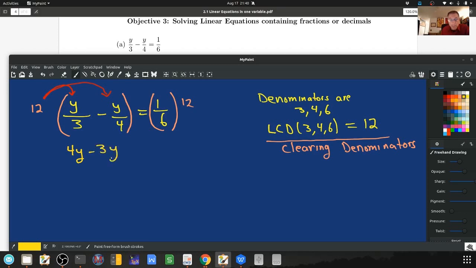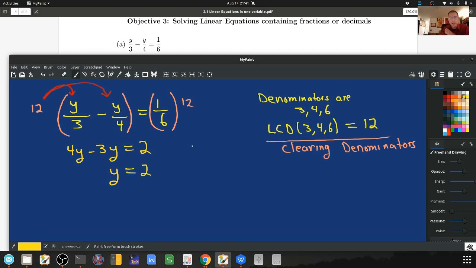It's already looking better, isn't it? 1/6 times 12 is the same as 12 divided by 6, which is 2 times 1. So that becomes 2. So 4y minus 3y leaves me just 1y, and y is equal to 2.